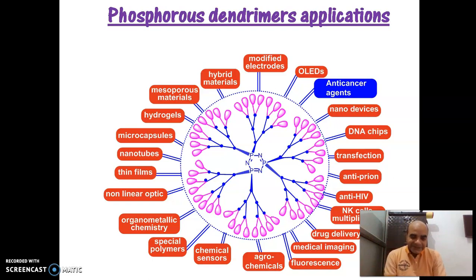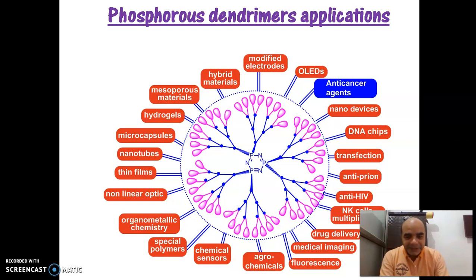You can see the dendrimer is highly symmetrical and has various branches at the surface, and if we perform chemistry at the branches by changing the surface of the dendrimers, they can be used in various fields of application.